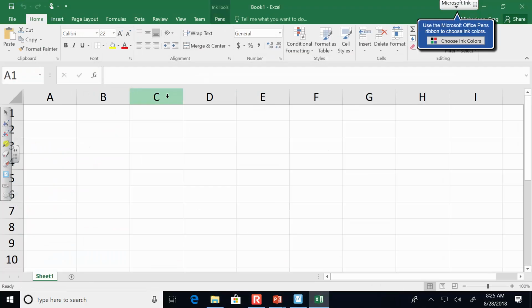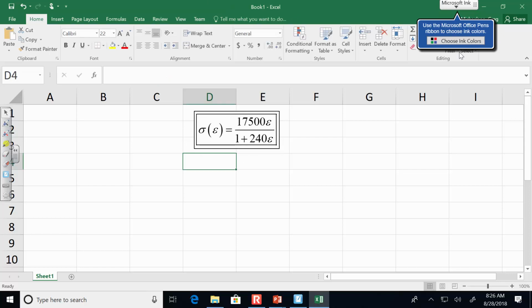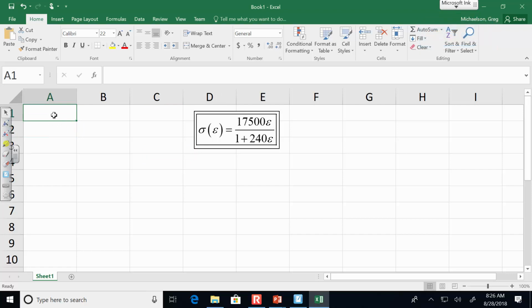So I have here an Excel sheet, and I'm going to put this over here so that I can see what's going on. Let's calculate some quantities. I've blown the text up pretty big, so you should be able to read what's going on. I want to have two columns, a strain column and a stress column, and the stresses are in KSI.